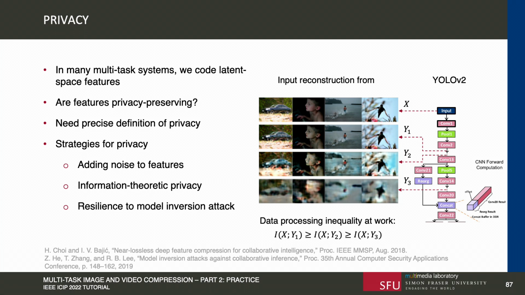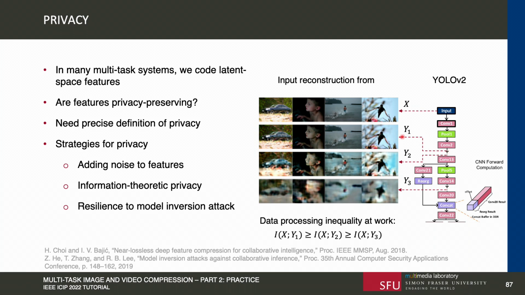Are features privacy preserving? What we see here on the right is an example of trying to reconstruct an input image from the features of the YOLO version 2 backbone. The top row here are the original input images, and subsequent rows show images reconstructed from various points along this backbone.